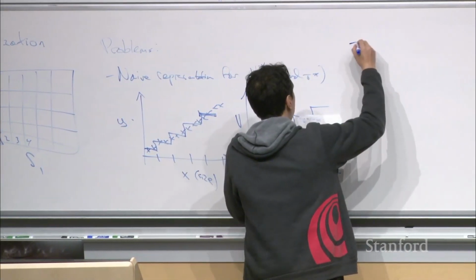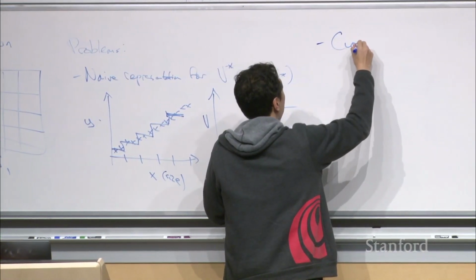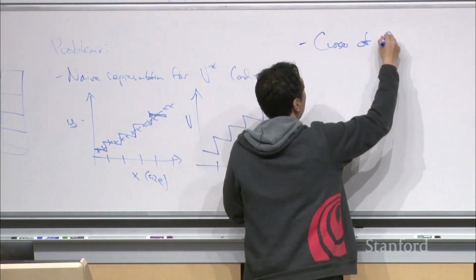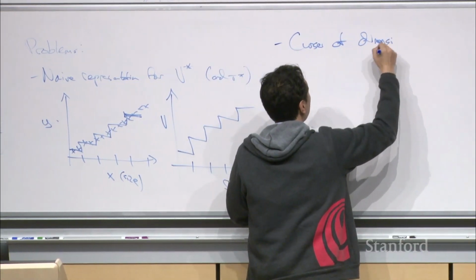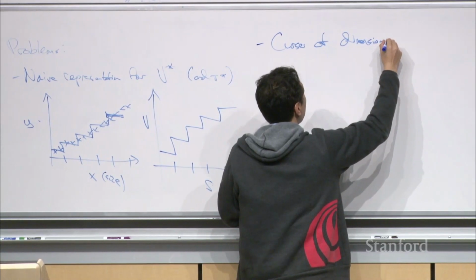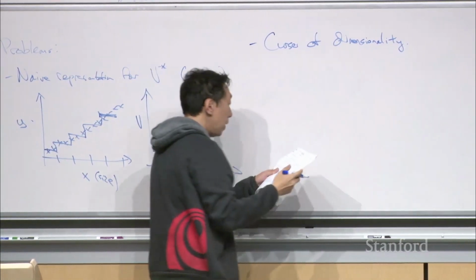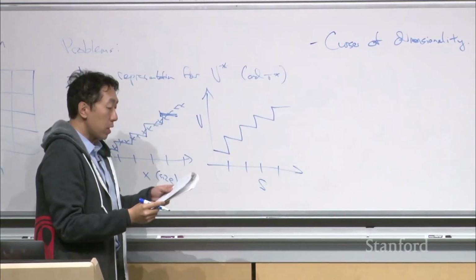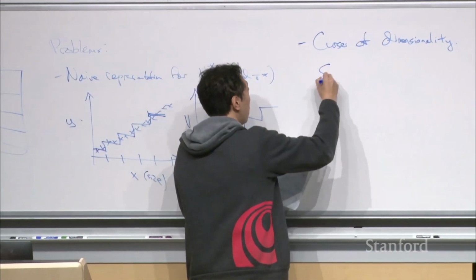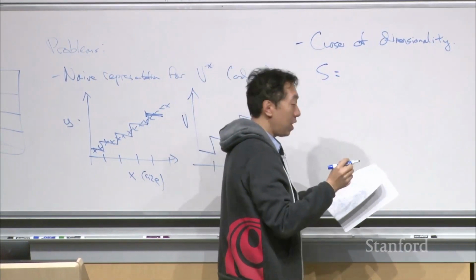And the second downside is the dimensionality, right? Somewhat fancifully named the curse of dimensionality, which I think Richard Bellman had given this name.